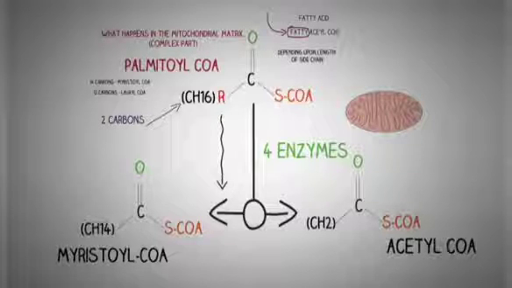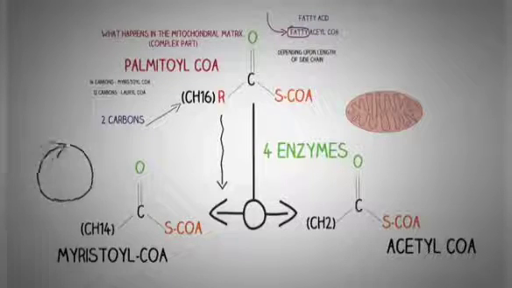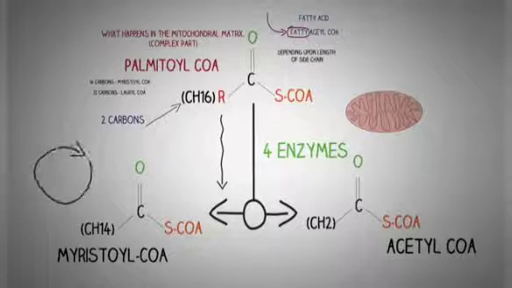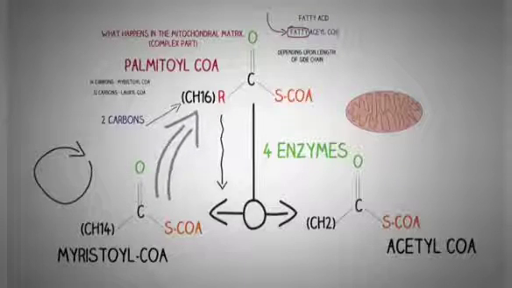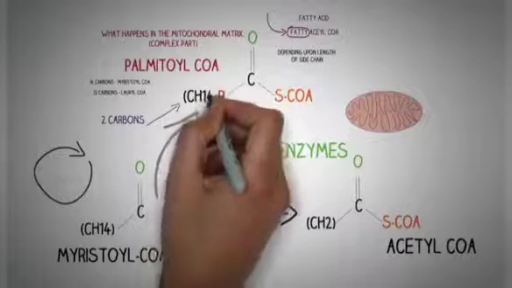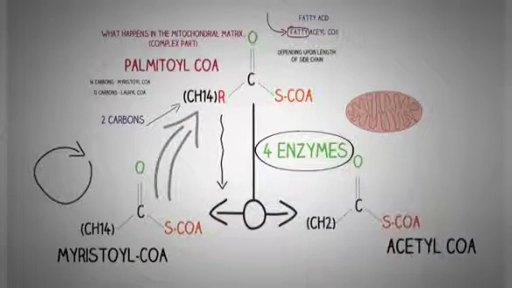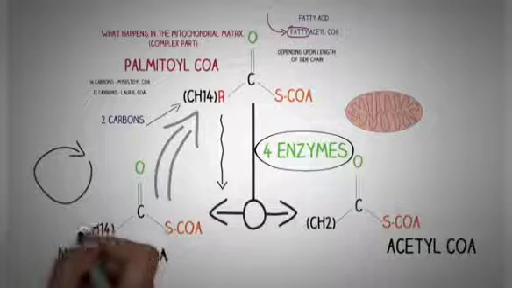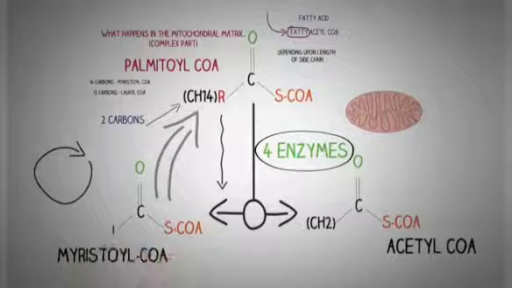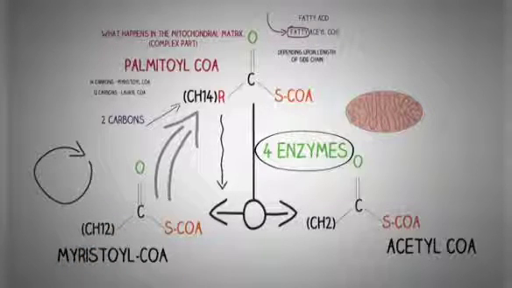Now the cool part about this beta oxidation pathway is that the newly formed fatty acyl CoA, which is 2 carbons less than the parent compound, re-enters this pathway. So now we begin with the 14 carbon compound, the myristoyl CoA. This is acted upon by the same 4 enzymes, and this leads to generation of a new 12 carbon fatty acid.